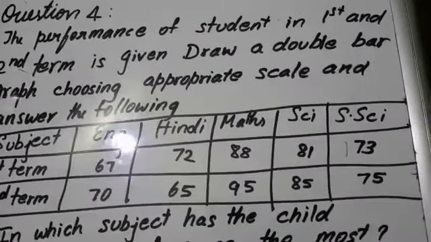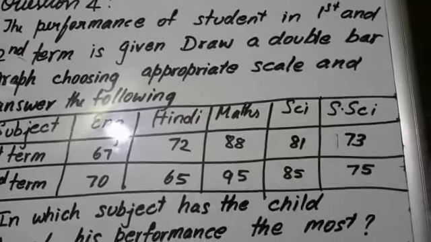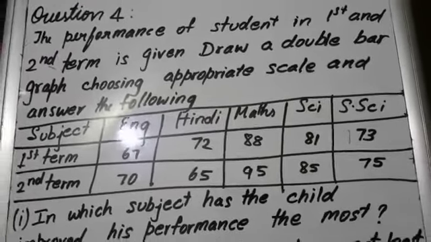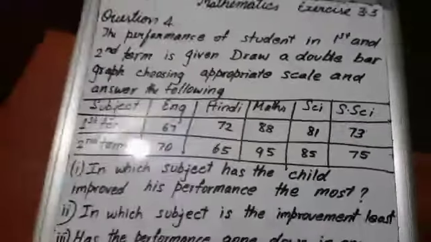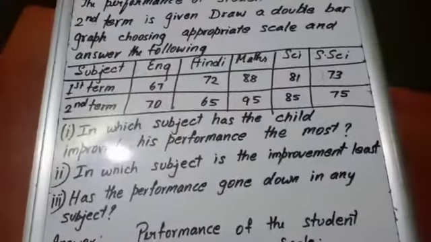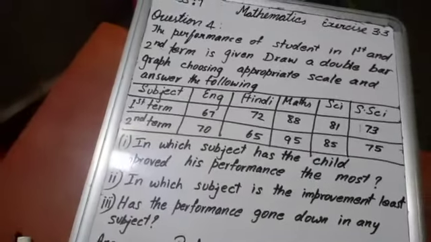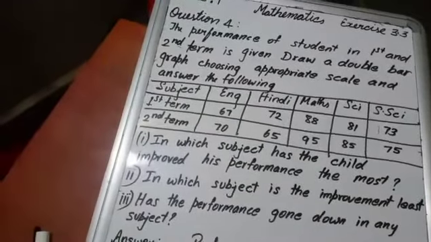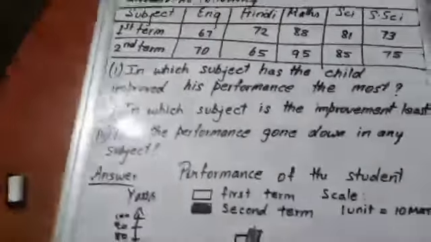Here the data 95 is the highest compared to all, in the first term as well as in the second term. If you compare the subjects also, mathematics is the highest. So you have to answer the first question: in which subject has the child improved his performance the most? That is mathematics.